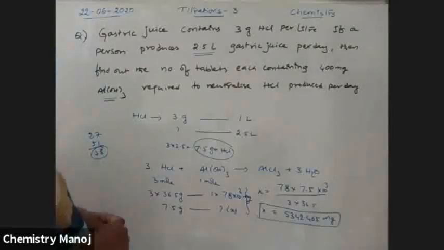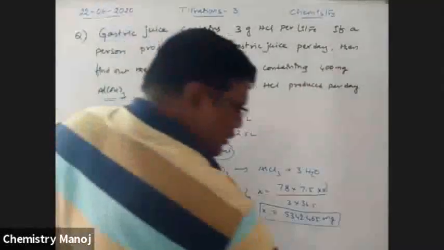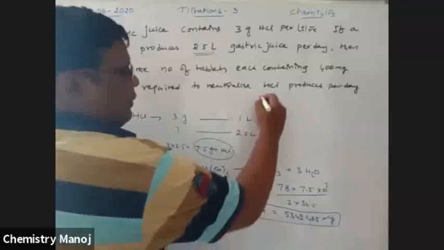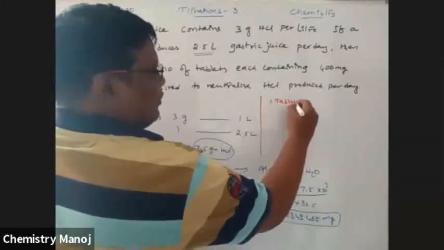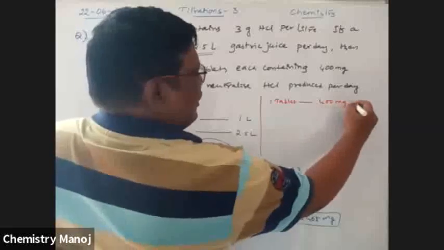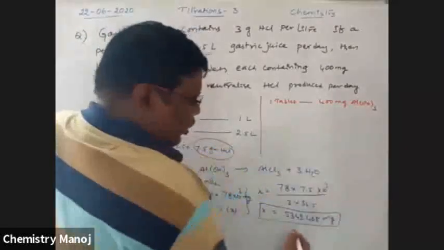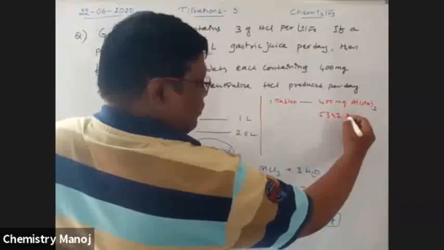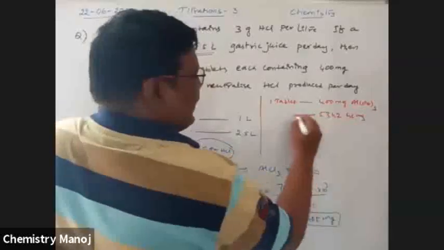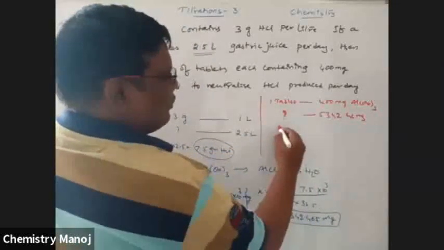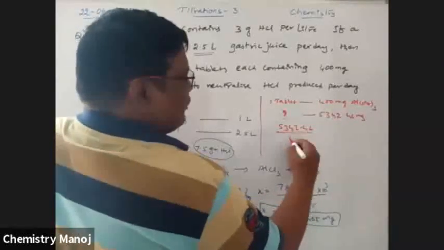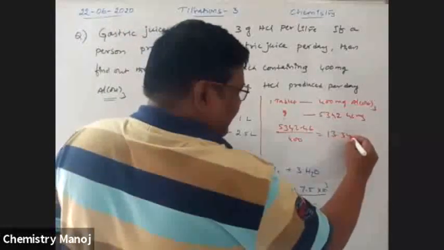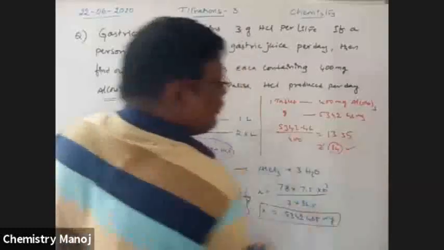One tablet contains 400 milligrams of Al(OH)3. So the required 5342.46 milligrams divided by 400 gives 13.35, which is roughly taken as 14 tablets.